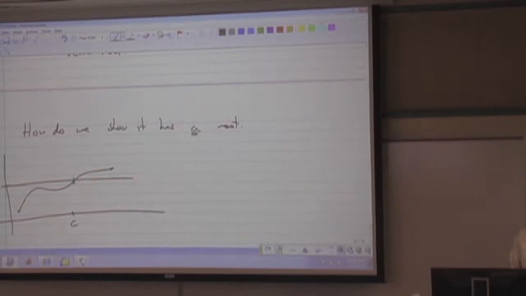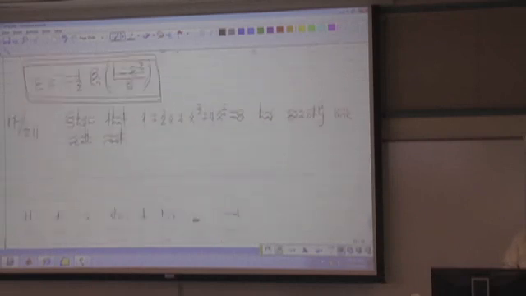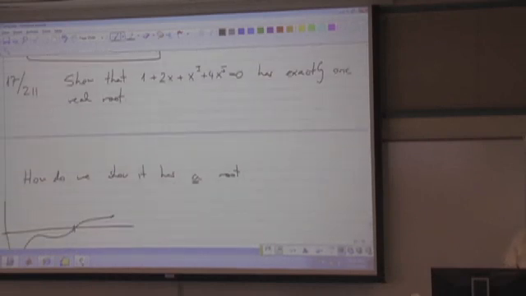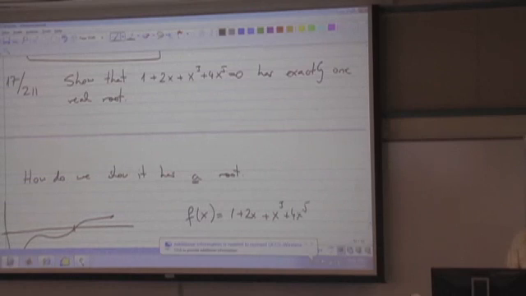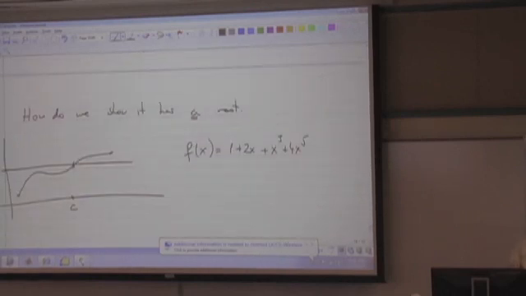Now, we used the intermediate value theorem, and you used it for your homework, to show that particular equations had roots. How did we do that? We pick two numbers whose values are different. So let f of x be 1 plus 2x plus x cubed plus 4x to the fifth. Okay?